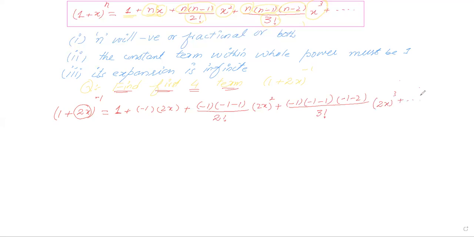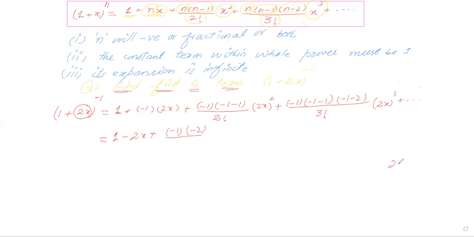So there is no need to move forward because we need up to the fourth term. One is considered as a single term. I will write 1 as it is, multiply by minus 1 two times, it will be minus 2x, plus minus 1 times minus 2 divided by 2 factorial.